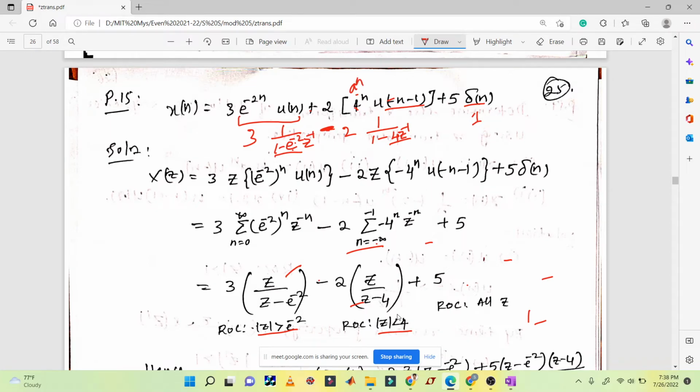If it is a to the power n, you will get 1 by a z inverse. If it is a to the power minus n, directly you will get a into z inverse. So that is the rule one has to remember.